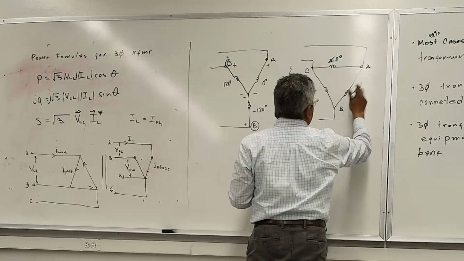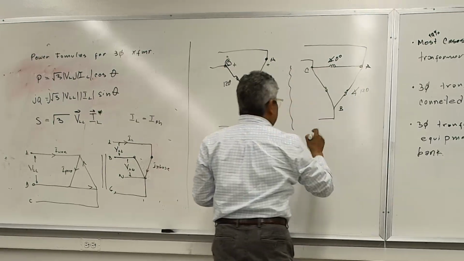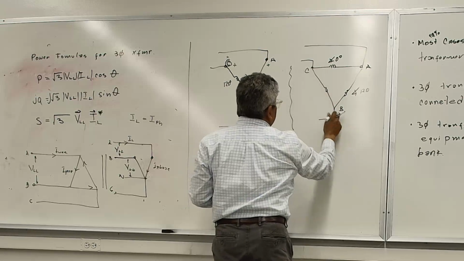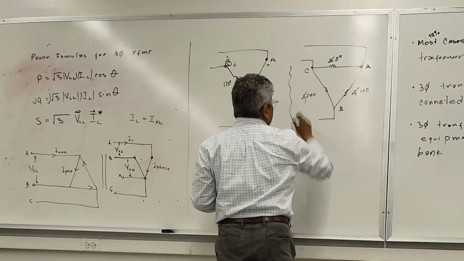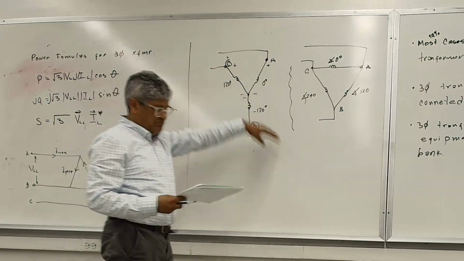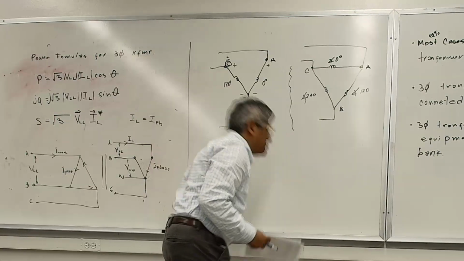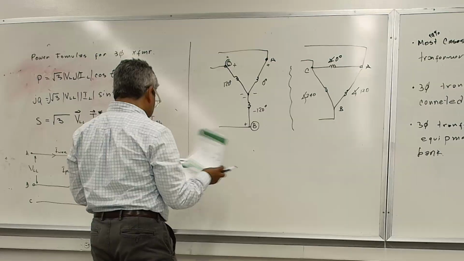So this one, A to B, will be at 120 degrees. And you can have C to B at 240 or minus 120 degrees. We'll talk in more detail on that, but that's basically your transformer voltage or winding relationships.